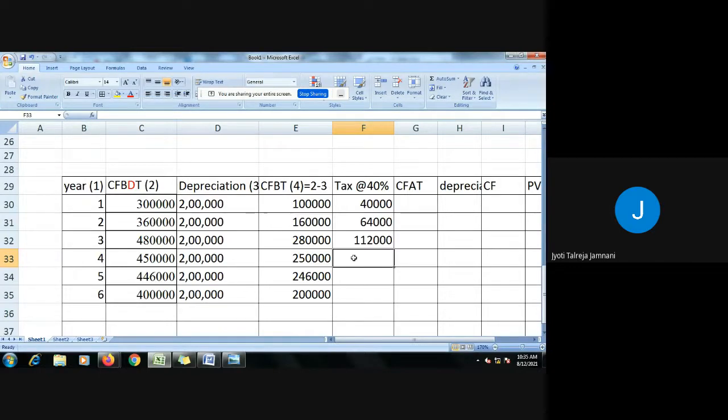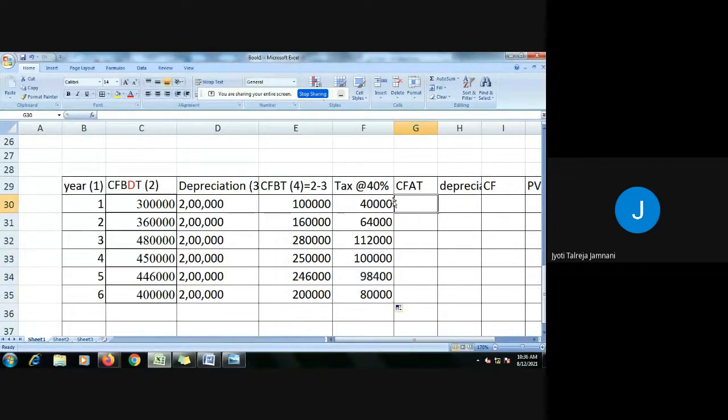Similarly, we'll have to go on doing on 2 lakh 40, we'll calculate 40%. You get it as 1 lakh, and 98,400 and 80,000 accordingly are the tax amounts. Okay, so on 2 lakh 46 and on 2 lakh. So these are the taxes.